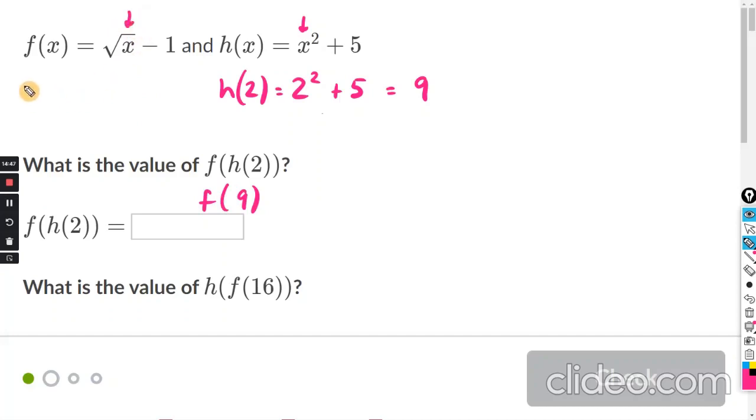So right in there, f of 9 is going to be radical 9 minus 1. Okay, radical 9 is 3 minus 1, and that just equals 2. So you just put a 2 right here in the box.